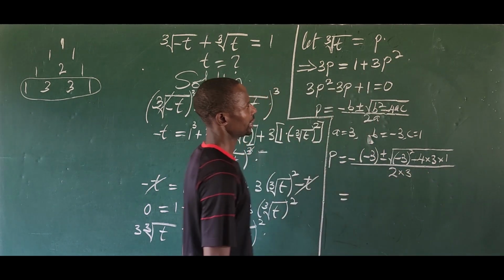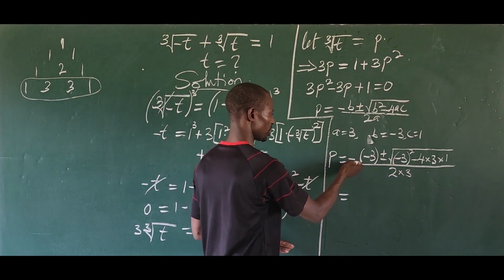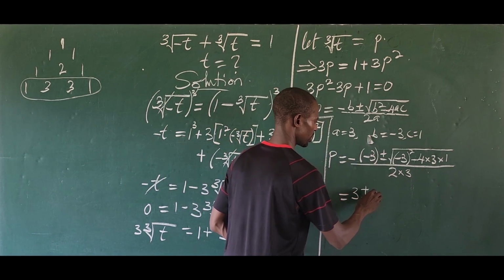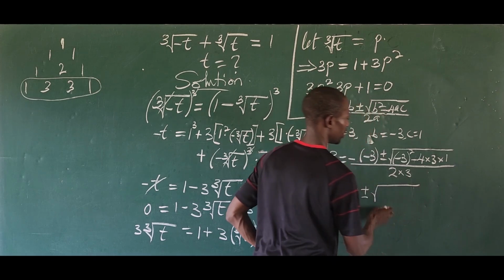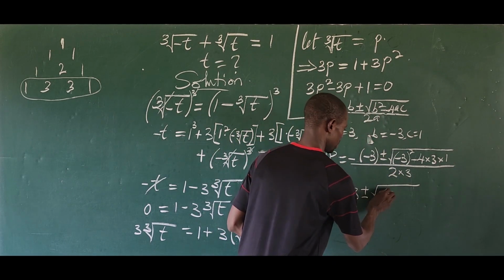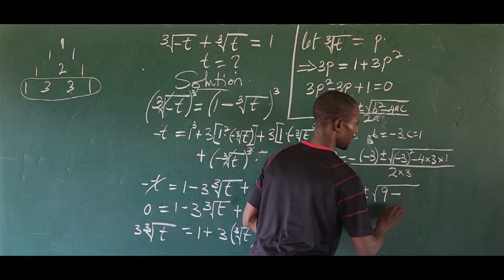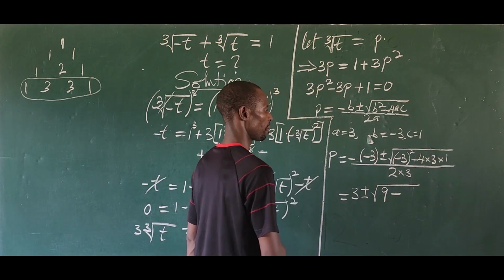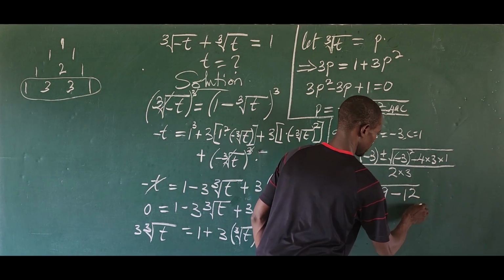So let's check this out here. This is going to give us minus times minus, we have 3, plus minus the square root of minus 3 to the power of 2 will give us 9, then minus 4 times 3 will give us 12, times 1 will give us 12.